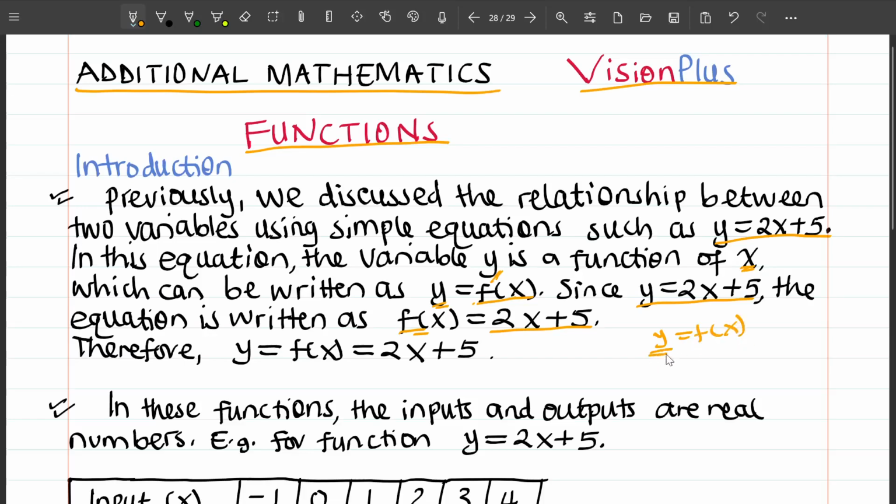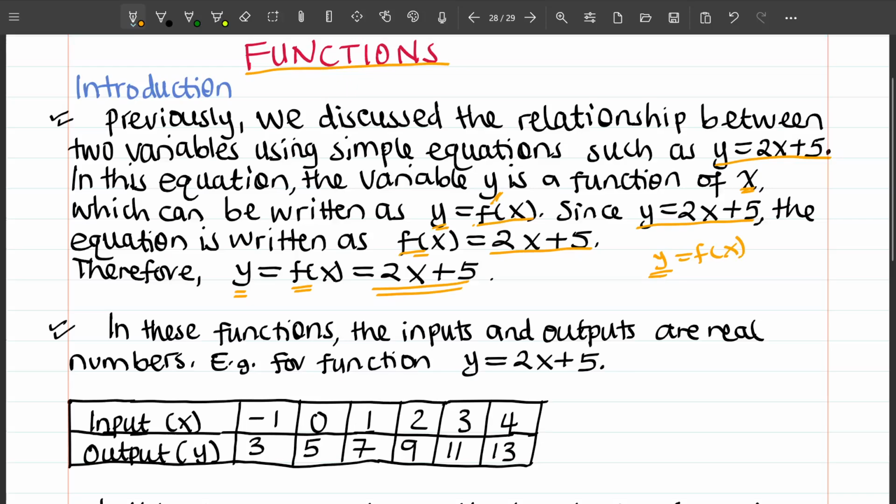So where there is y, we substitute f of x, to mean that y is a function of x. Therefore y equals f of x, and f of x equals 2x plus 5, which was the given simple equation.